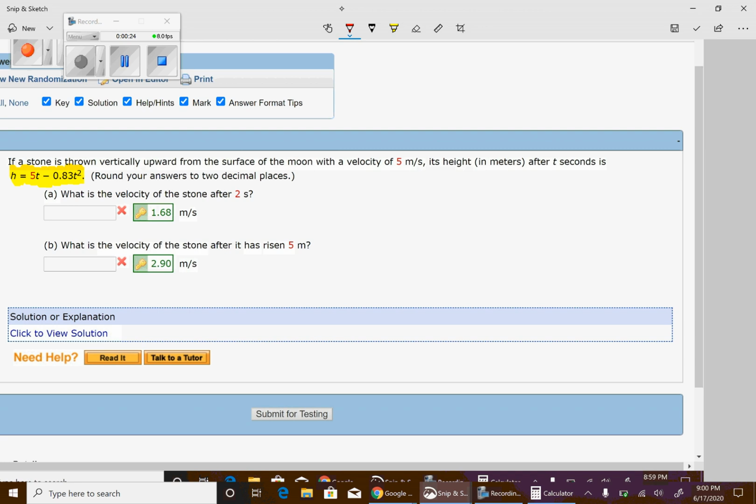And using our rules of derivatives, we know that if the height is 5t minus 0.83 t squared, then the velocity will be the derivative of that: 5 minus 1.66 t to the 1. And the first question asks for the velocity after 2 seconds, which is a time.